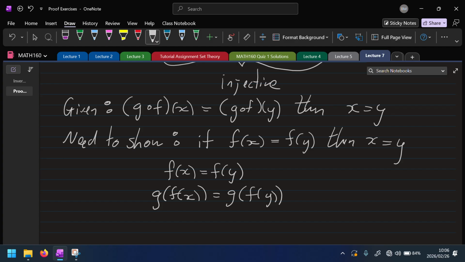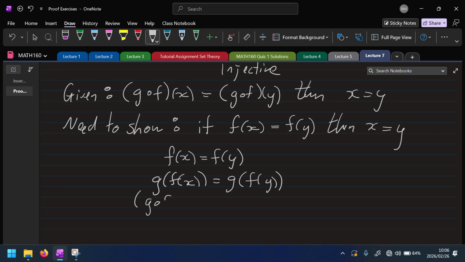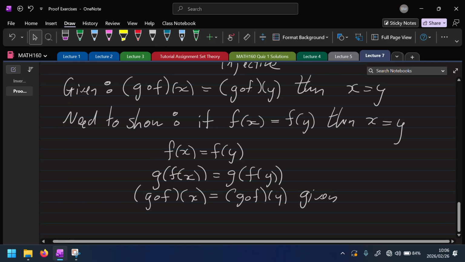So this we can write as g of f of x equals g of f of y, like he said, from the given. So the reason is just given, right? So we know that already. And then we know x equals y.